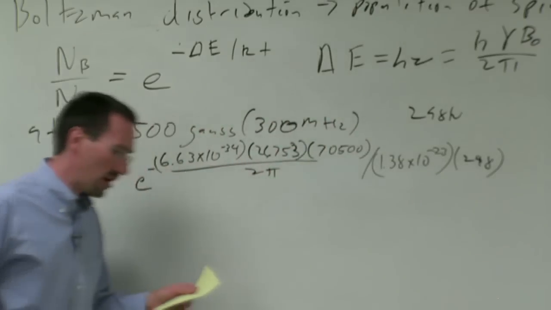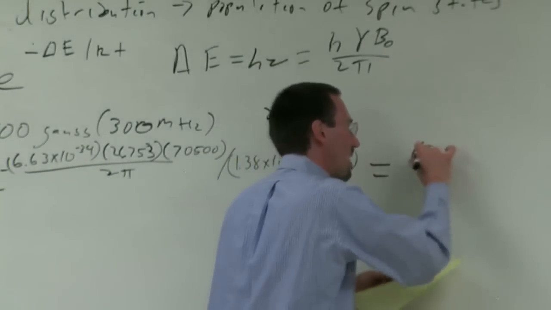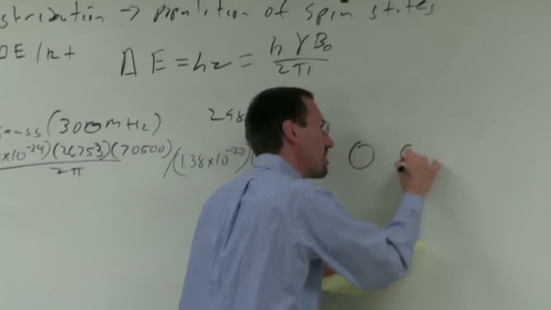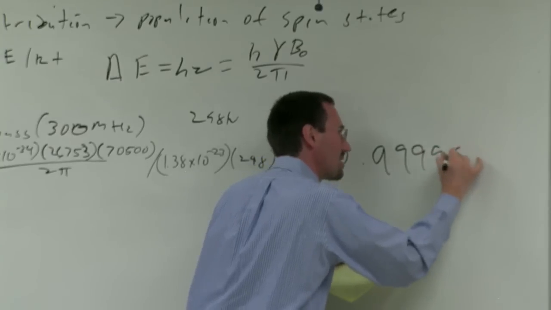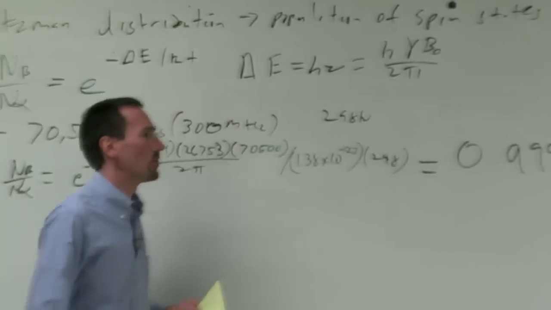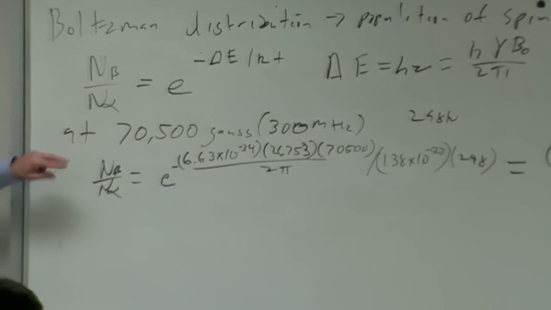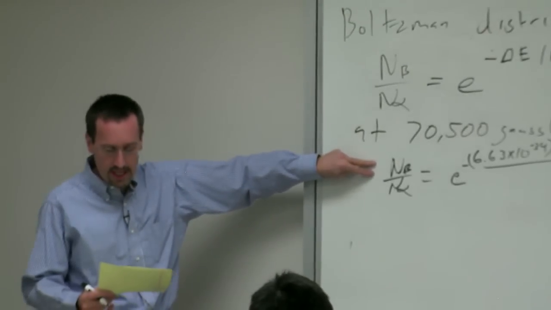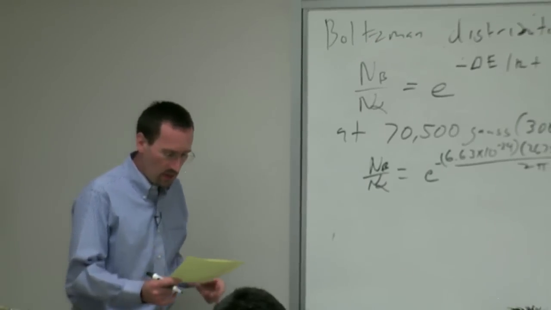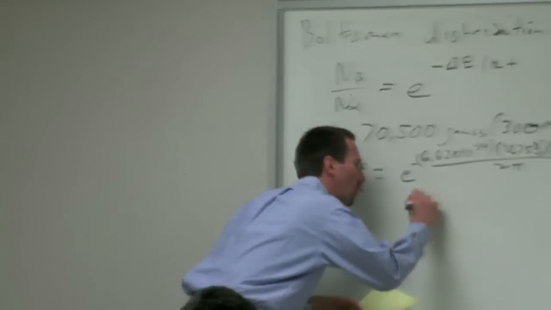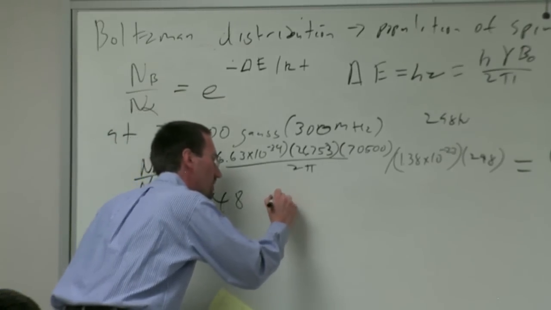And when I work that all out, this number comes out to a quotient that's very, very, very close to 1, 0.99952. That corresponds to the ratio of the beta state over the alpha state. In other words, we have 48 more protons out of 2 million.